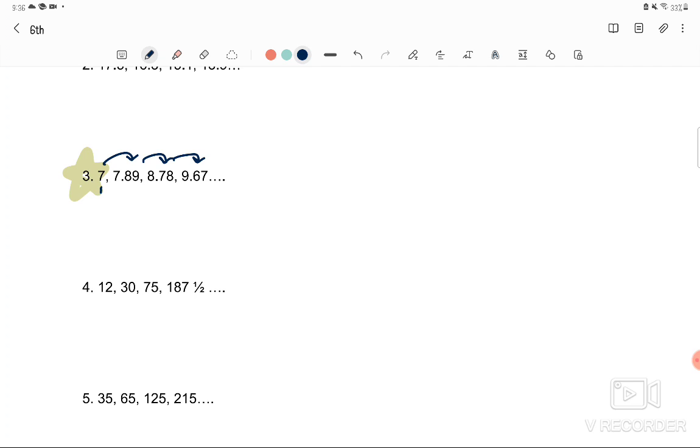So let's find the difference. 7.89 and 7.00. You have to subtract in order to find the difference. And the difference is 0.89. And as you see the trend, it is increasing, right?